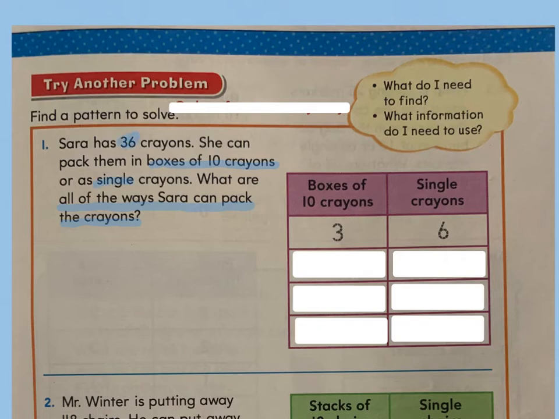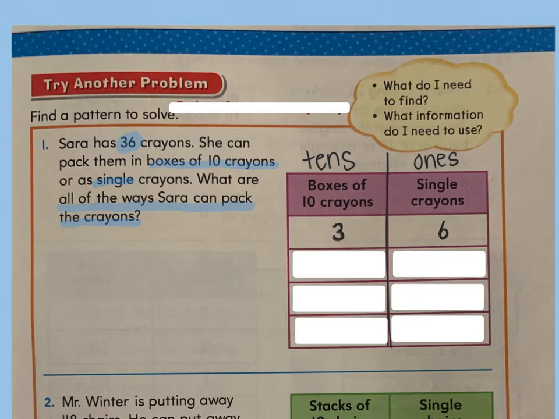And she has 36 total. So we can remember, just like on the other side, that the boxes of 10 crayons would be our tens place, and the single crayons would be our ones place. And they gave us the first one. If we take apart that 36, we have 3 tens and 6 ones.